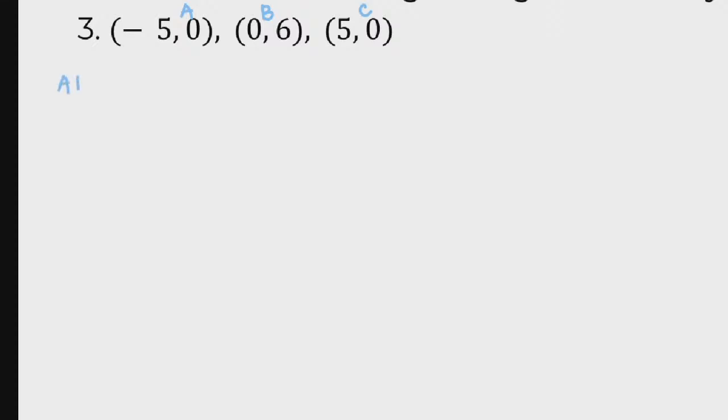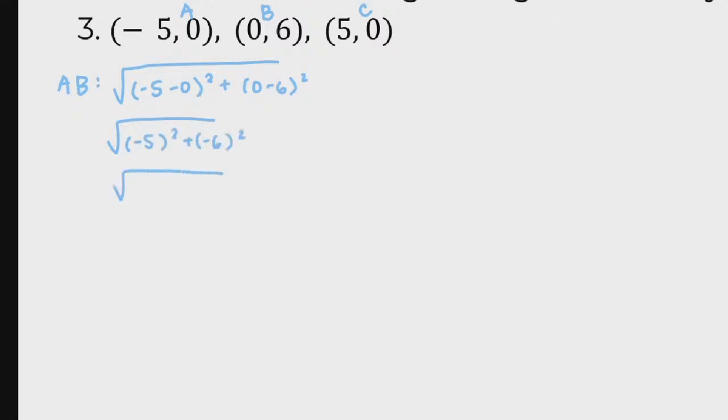So for AB, I have to find the distance. So that's going to be the square root of negative 5 minus 0 squared plus 0 minus 6 squared, which is negative 5 squared plus negative 6 squared. That's going to be 25 plus 36, and that's going to be the square root of 61.